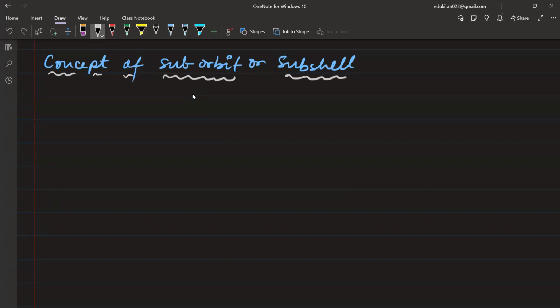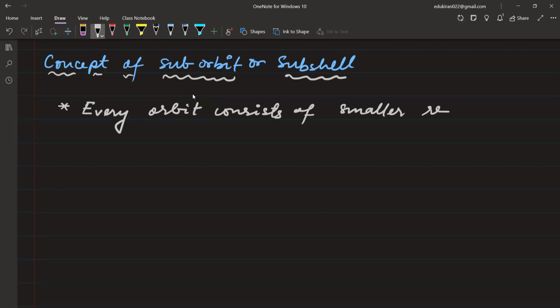Those are known as suborbit or subshell. So please write: every orbit consists of smaller regions called suborbit or subshell.